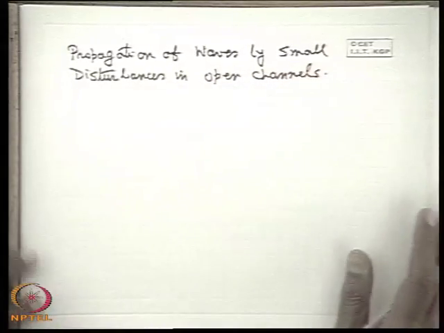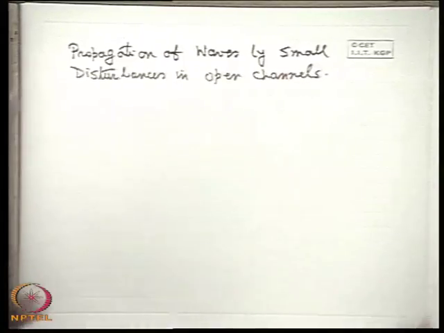Now let us see what is meant by that. You know, in a pool of water, if you make a disturbance, that disturbance propagates in the form of a wave. That means a wave is generated and the disturbance propagates from the source where it is created in both upstream and downstream directions in the form of a wave.